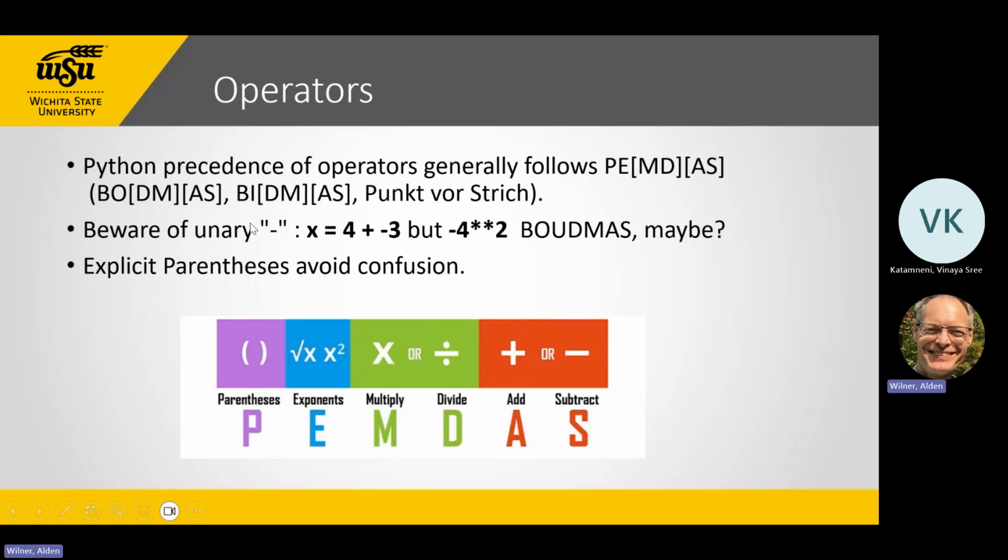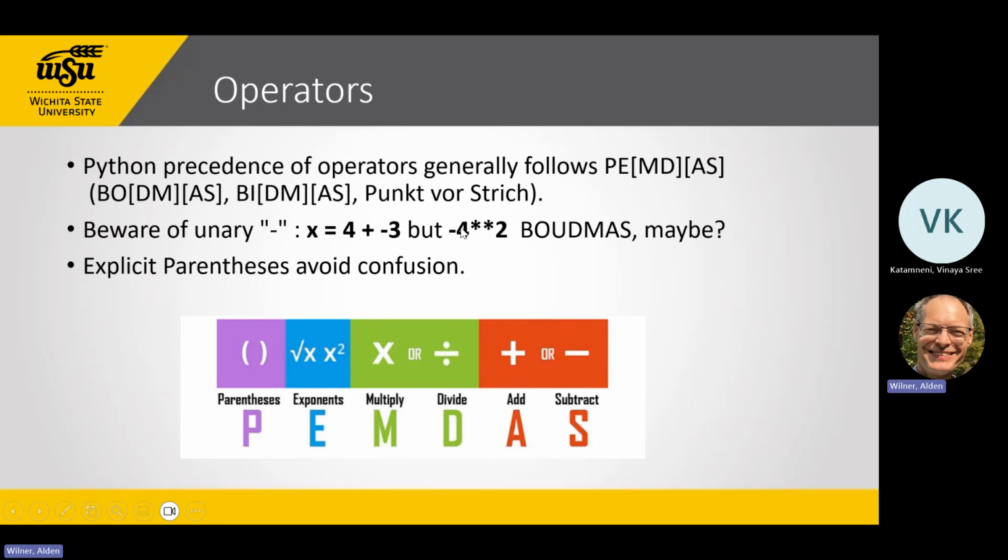Beware of the unary minus. X equals 4 plus minus 3. Of course, the minus binds before the addition, but it actually binds after exponentiation. So if I say minus 4 star star 2, do I get minus 4 squared?